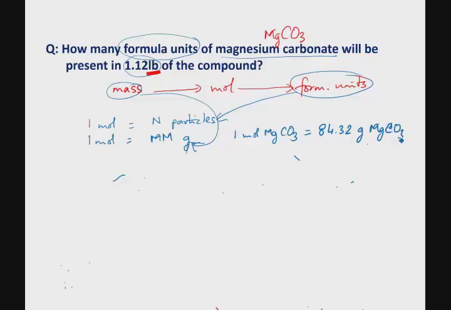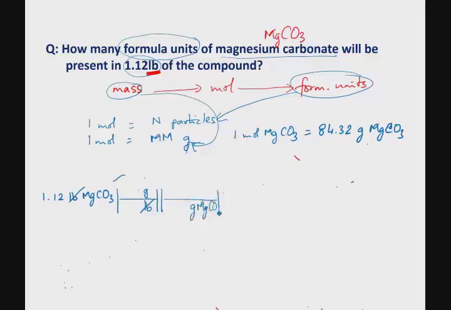Using the information given, we need to convert 1.12 pounds of magnesium carbonate. First step, since this is pounds, we have to convert pounds to grams, so that pounds crosses out. Now grams of magnesium carbonate is what we have at this stage.